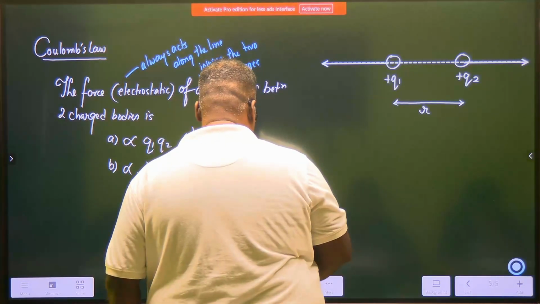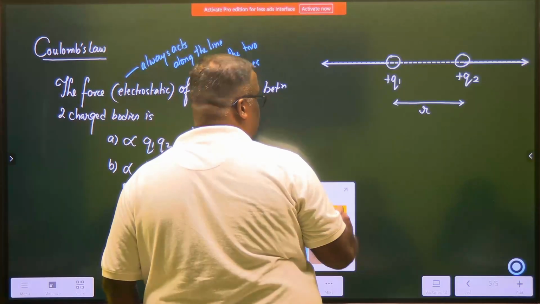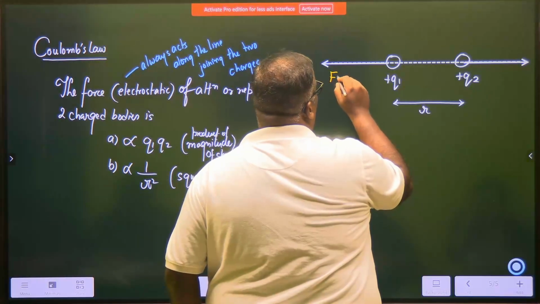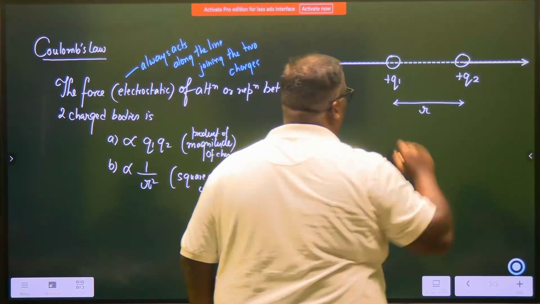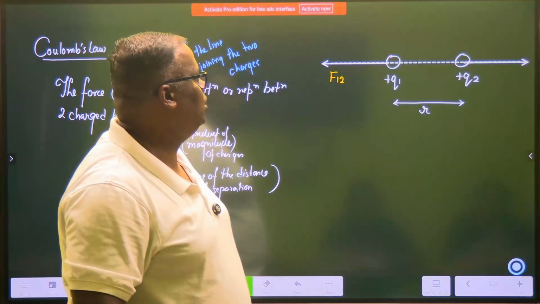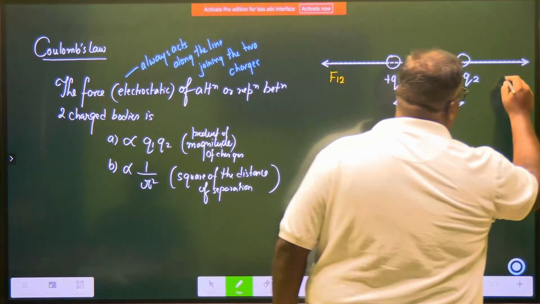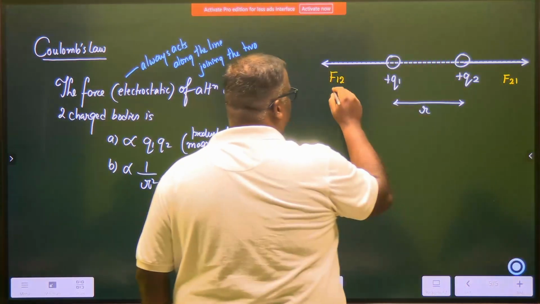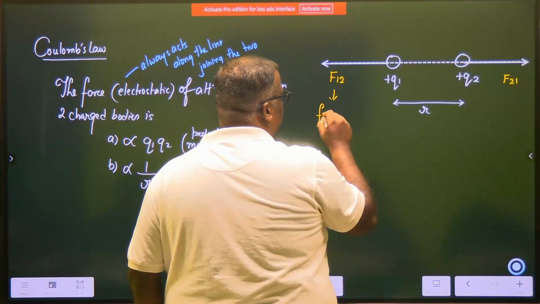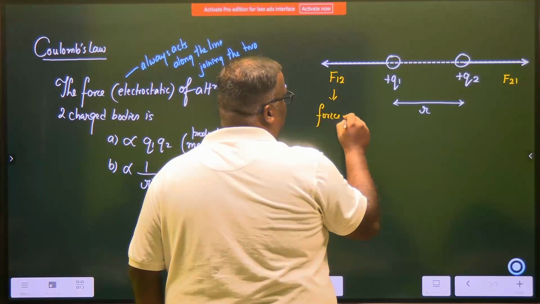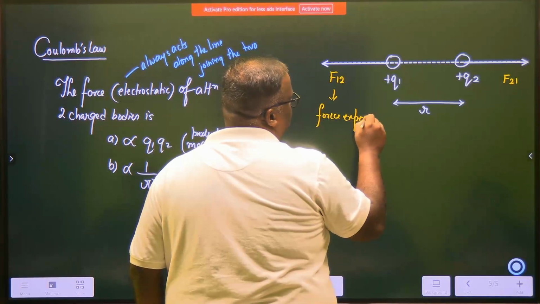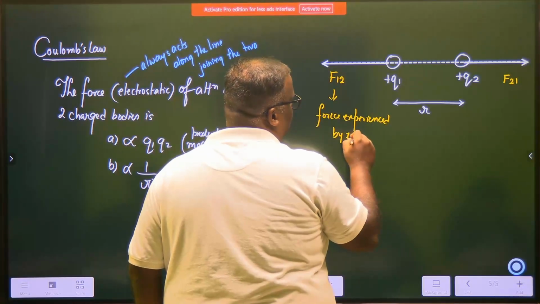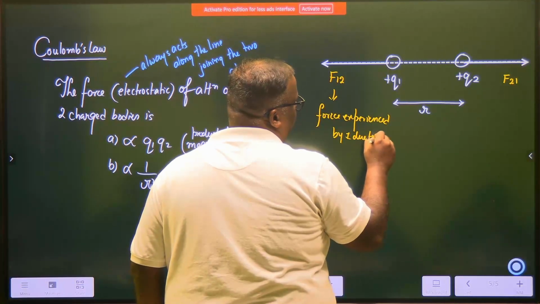Now the way we name it is something like this. I will call this force on 1 due to 2, and I will call this force on 2 due to 1. This is read as force experienced by 1 due to 2.